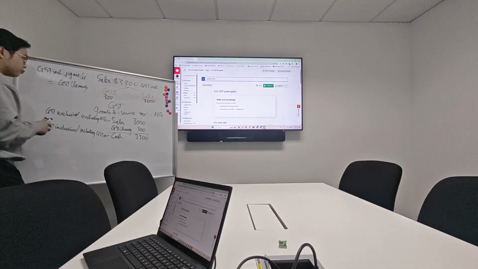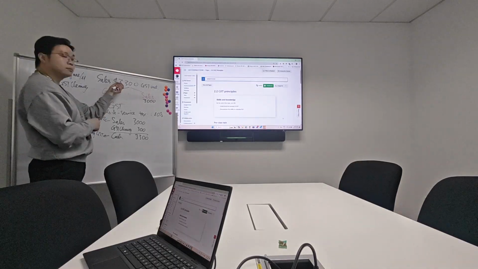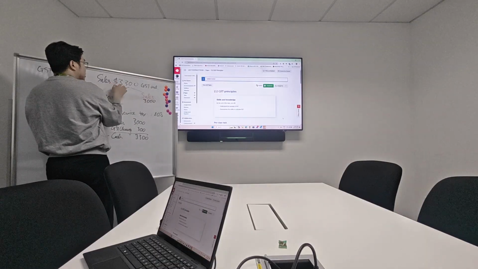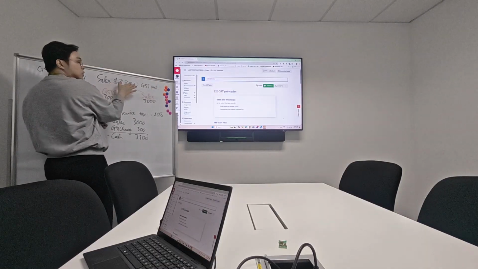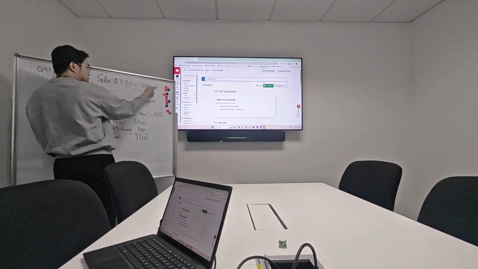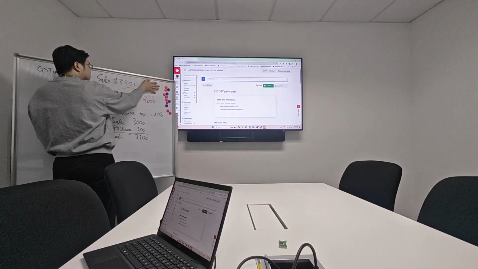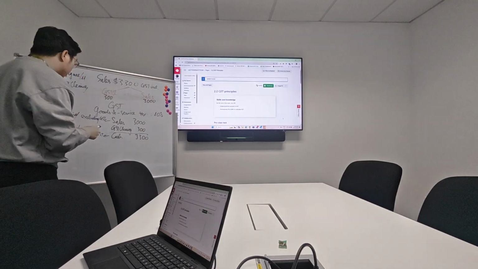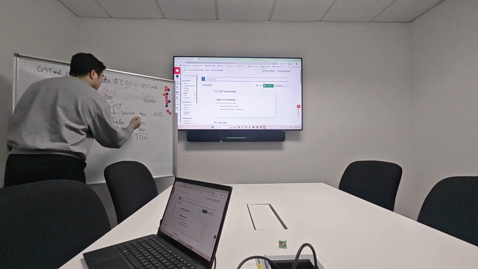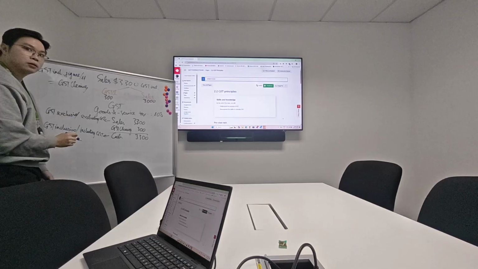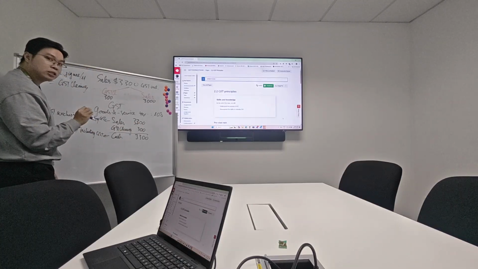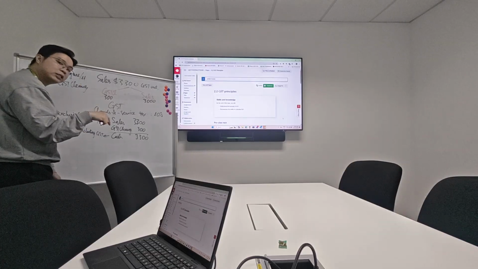Alright, so if you read this one without reading this part, you would assume that the entire sales is 3,300, right? You would assume that because you didn't read this part. So if the sales itself is 3,300, and because you assume that it hasn't included the GST, you have to add the GST on top of that.